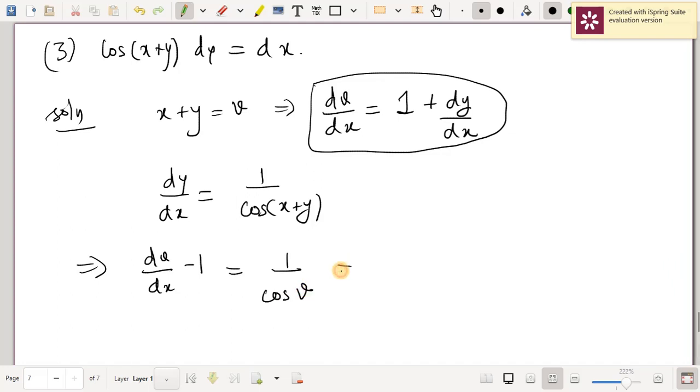Okay, now you can see that this can be separable if I write this as dv by dx is equal to 1 plus 1 by cos v. That is actually the same as saying 1 plus sec v, since 1 by cos v is sec v.